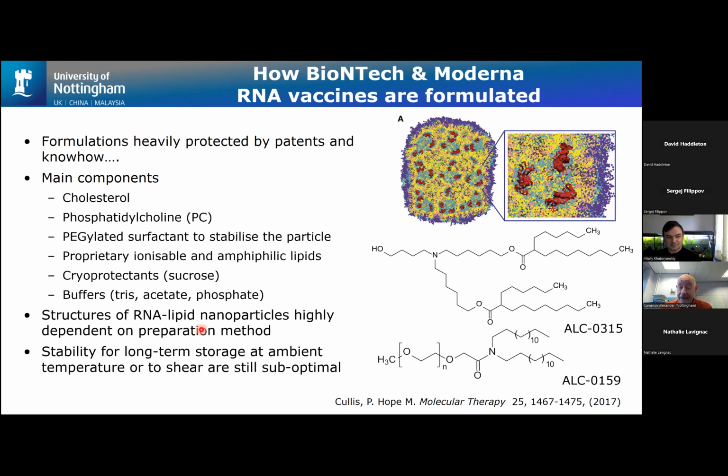The other issue, as I mentioned earlier, is long-term storage at ambient temperature is not ideal for these systems, and shear and so on. So thinking about spraying these lipid nanoparticles may not be ideal either. So there are still some questions about, if we want a non-injectable and inhalable formulation, are the lipids the right ones to use?